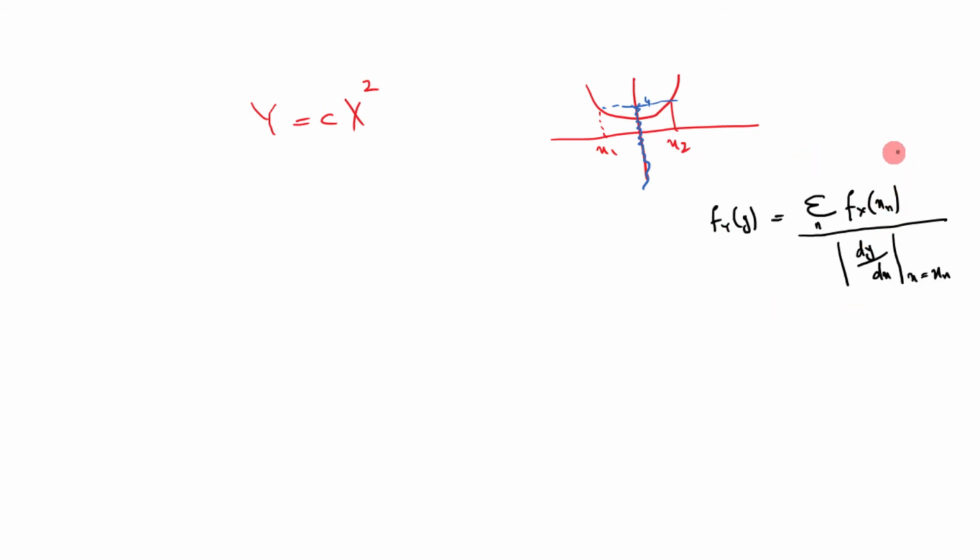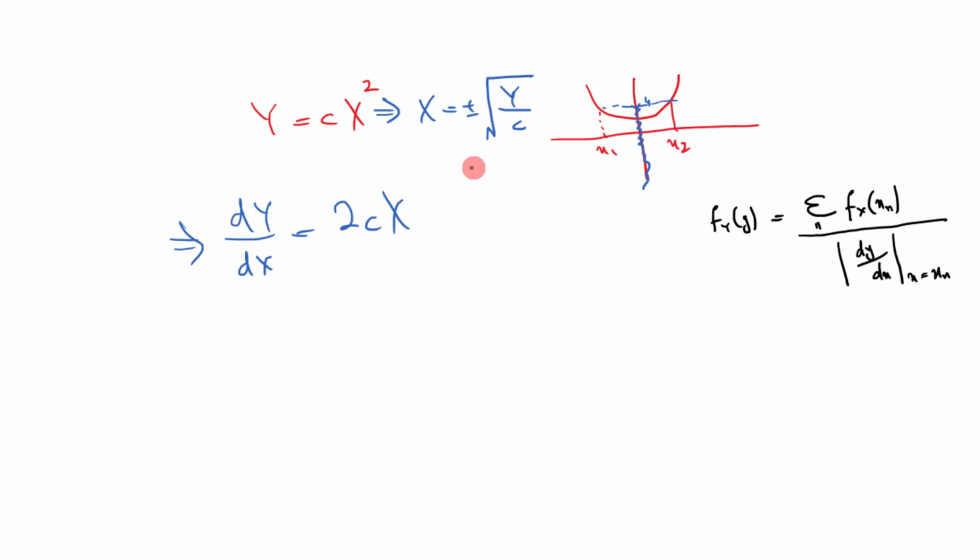First we need to differentiate this expression with respect to x, and we will have 2cx, and from here we have x is equal to plus minus under root y over c. So we have x1 equal to under root y over c, and x2 equal to minus under root y over c.